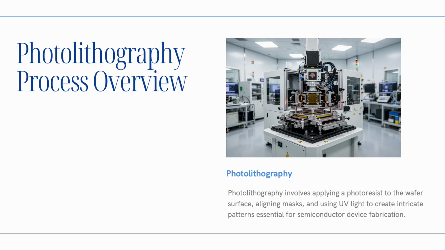Then, it is aligned such that it can be properly exposed to the UV light. Then, the pattern is developed on the wafer. Inspection for accuracy and defects is performed so that it is ready for the next manufacturing step.